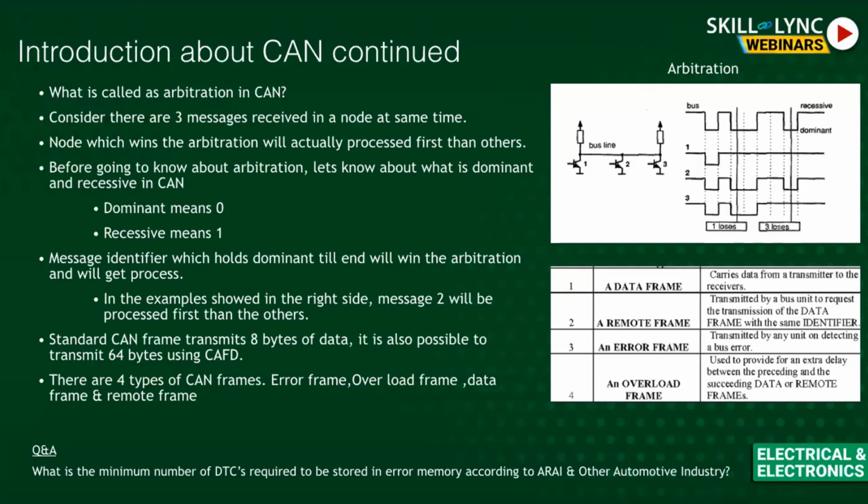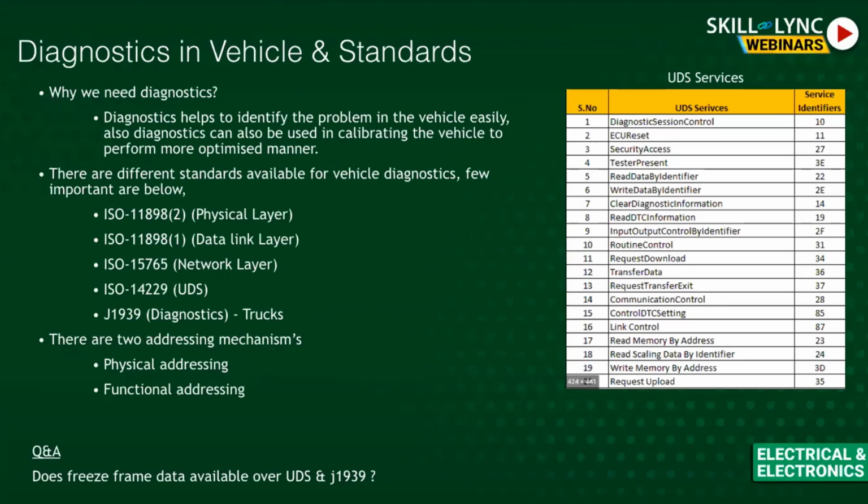That is what error frames talk about. Then the overload frame: if it is overloading the frames, like overloading the messages, let us say there is an extra delay between the data and remote frames, that is where the overload frame comes into the picture. There are four types of CAN frames overall. So this is the introduction about CAN.